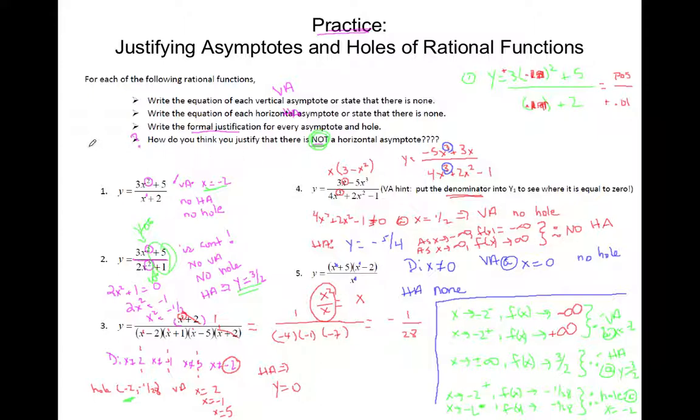This is an extra. This is an extension here. You're not going to be responsible for that on the quiz, but you're going to be responsible for vertical asymptotes, knowing where they are, graphing them. Horizontal asymptotes, knowing where they are, graphing them. Holes, where they are and graphing them. And you're going to be responsible for formal justifications for both kinds of asymptotes, vertical and horizontal, as well as holes.